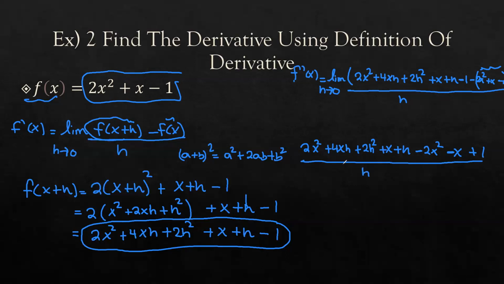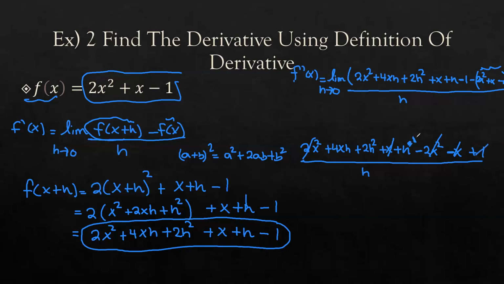Now on the top, is there anything you can cancel? I see, we could cancel 2x squared. What else can we cancel? The x's. And I'm also missing a minus 1 right here, that's why.